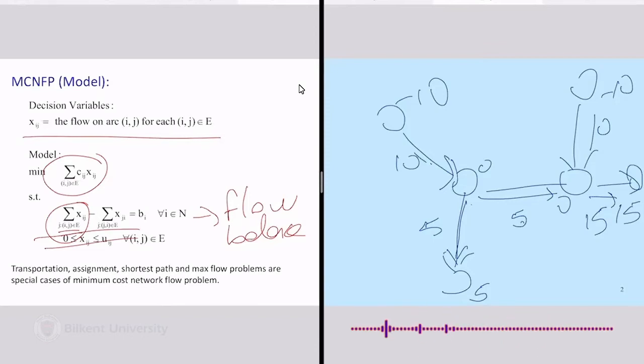Here 5 comes, 10 comes, 15, out 15, it's again 0. This is a +10. I made a mistake in the direction. So let's change these. Yeah, now that's correct. And out minus in equals either total supply or total demand, depending on the b of the node.